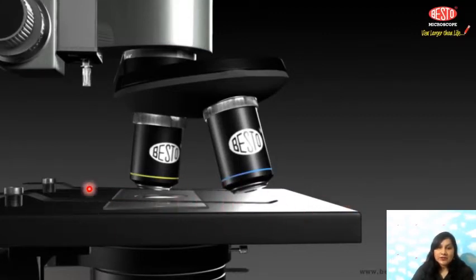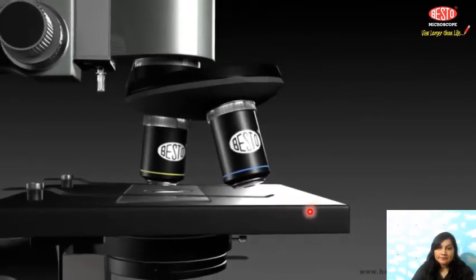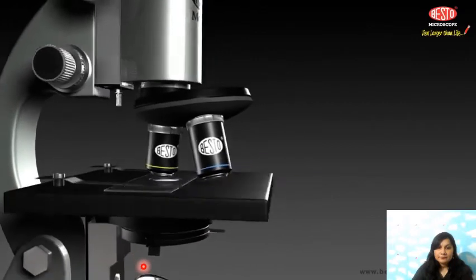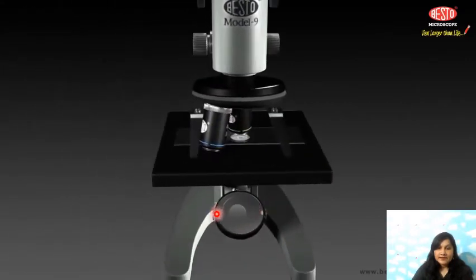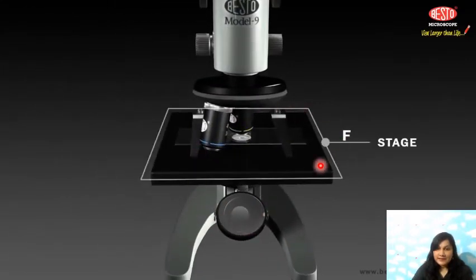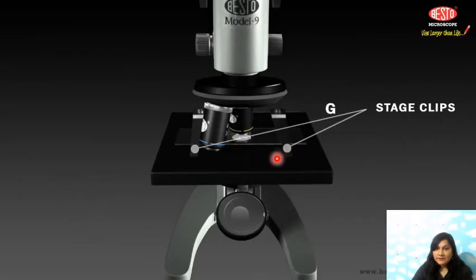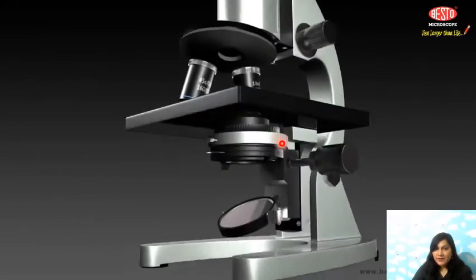This is the stage of the compound microscope. On stage, we have to keep our object. I already told you these are the stage clips used to hold the slide.